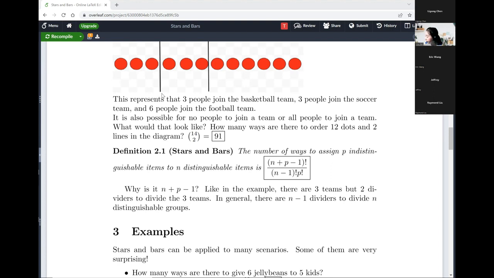Okay, it looks like I've gotten some answers. So we have 6 jelly beans, and like we did above with this example, we can make a bijection and change our jelly beans into, let's do purple balls. So we have 6 purple balls.